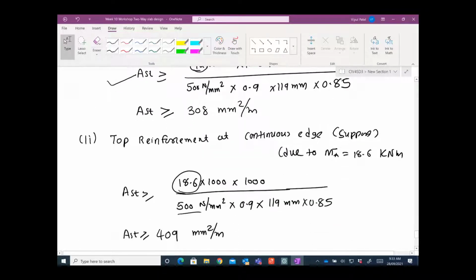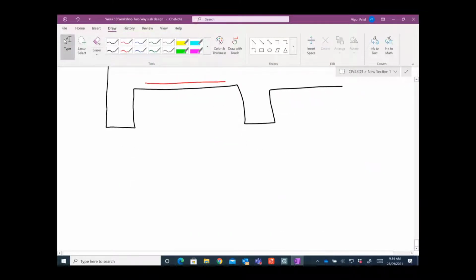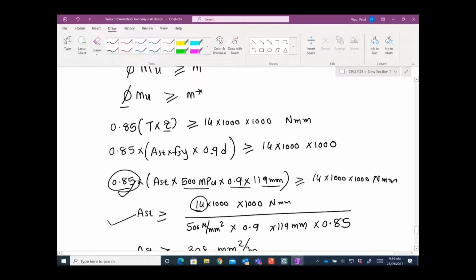How much we calculated was 308. Here we have AST of 308 millimeters square per meter. And by the way, this distance is 5500 millimeters, right?